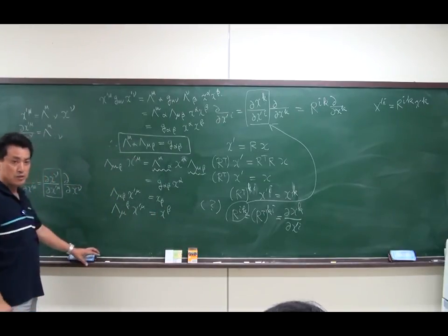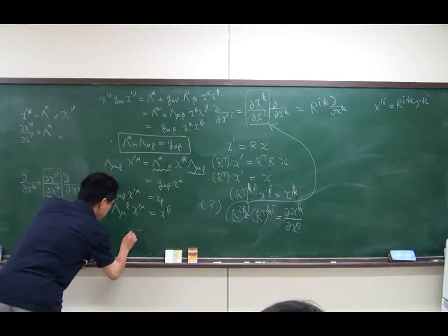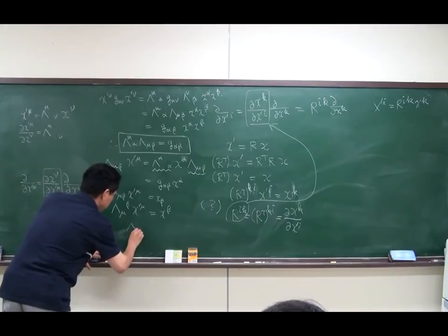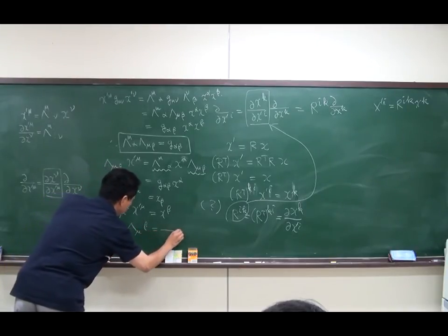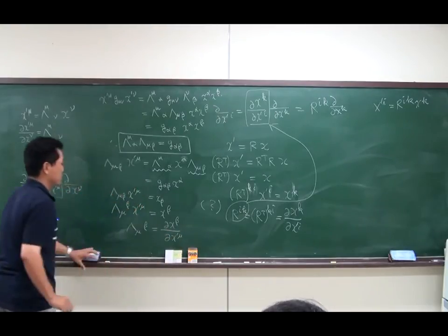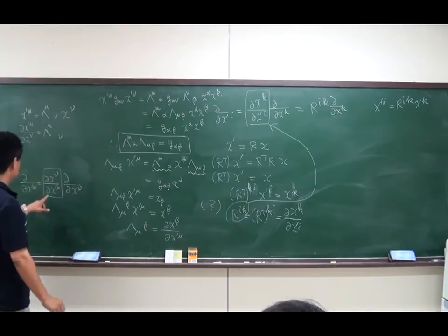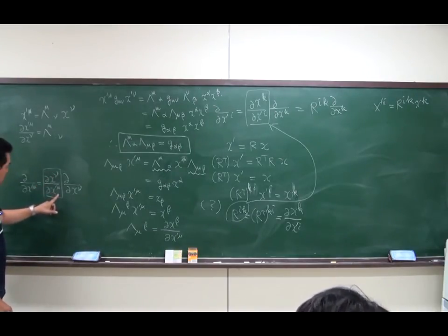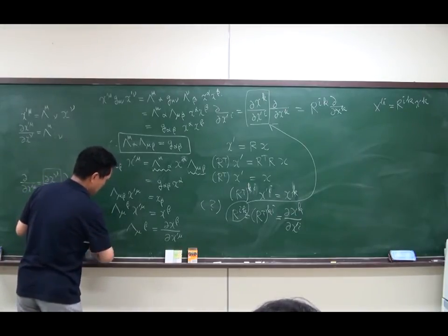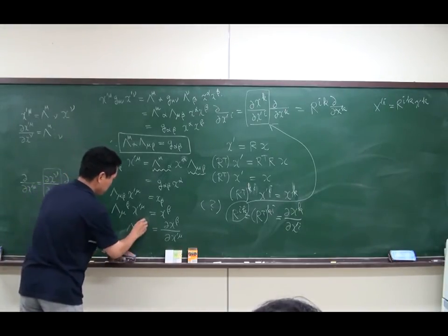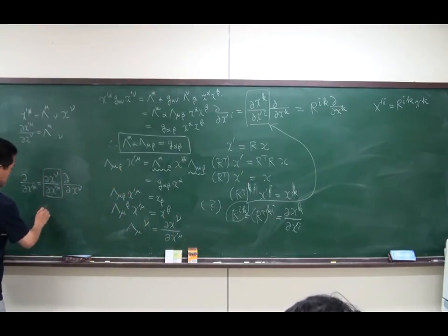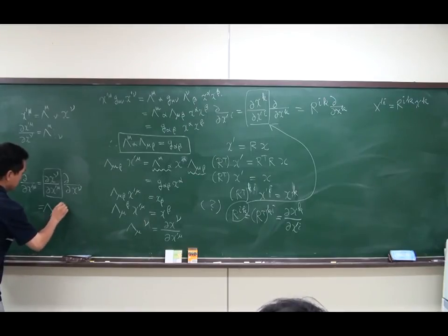If I take the derivative with respect to x beta, all right, here mu is the same. Let me change this one as nu. So this is lambda mu nu.